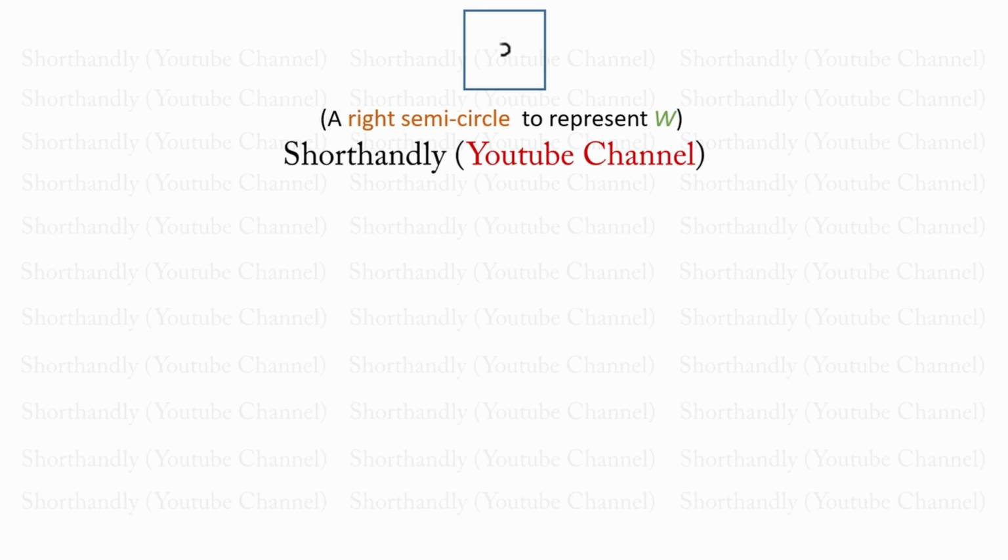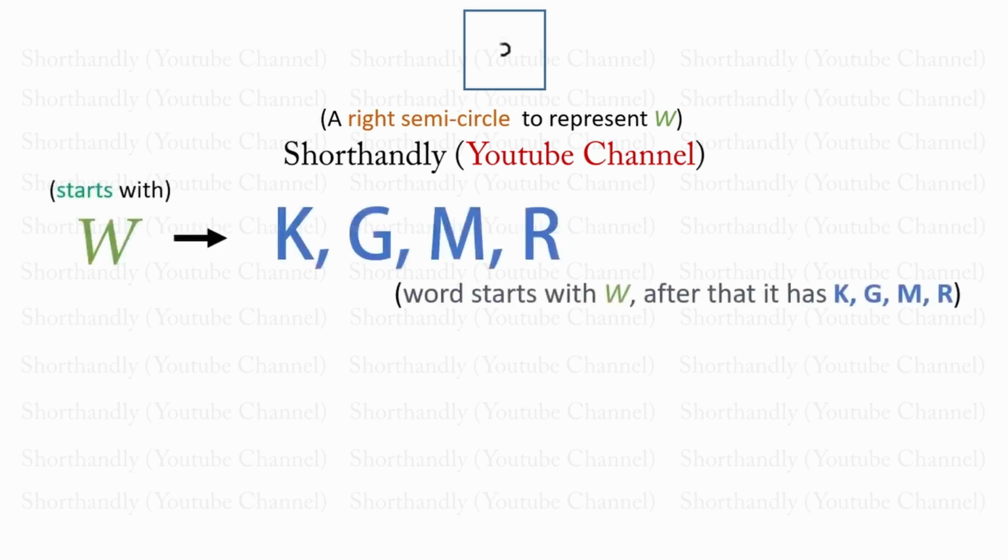But there's a condition for that, which means that if that condition is met, only then you can use a right semicircle to represent the consonant way. So let's see what that condition is.